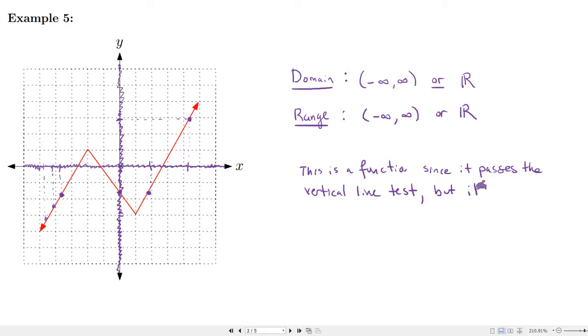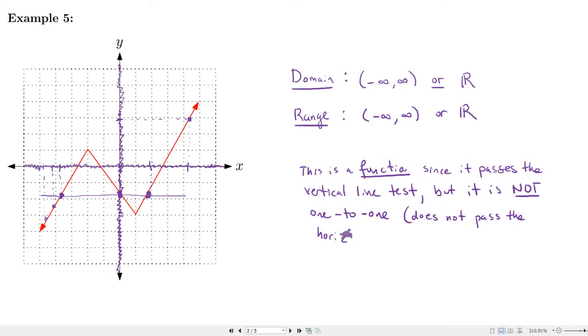But it is not one-to-one. And why is that? Well, it doesn't pass the horizontal line test. For example, the horizontal line that passes through those three points I was just talking about hits the curve in three spots, not just one, or at most one. So it does not pass the horizontal line test.